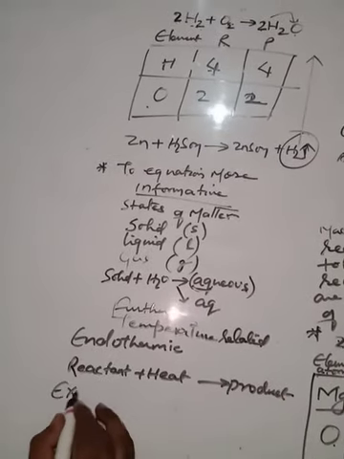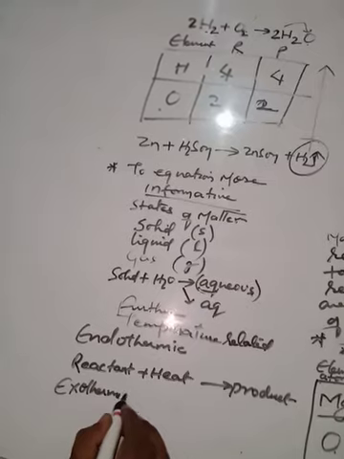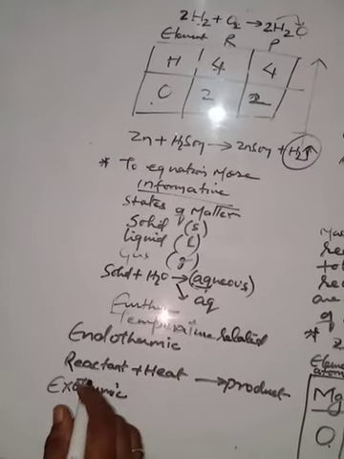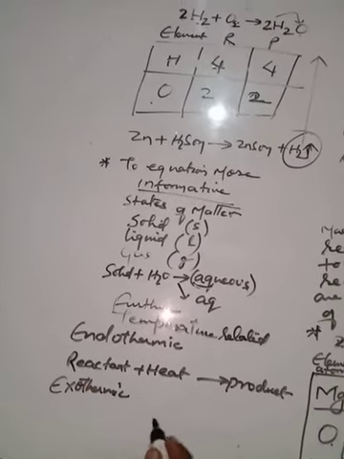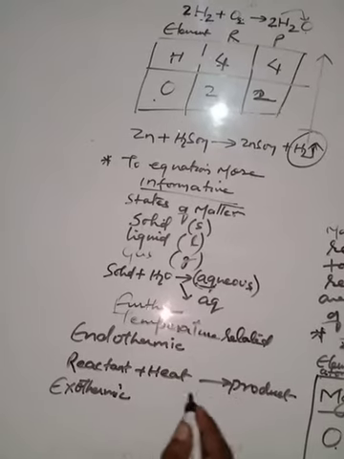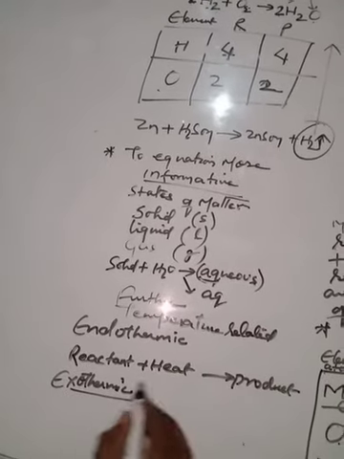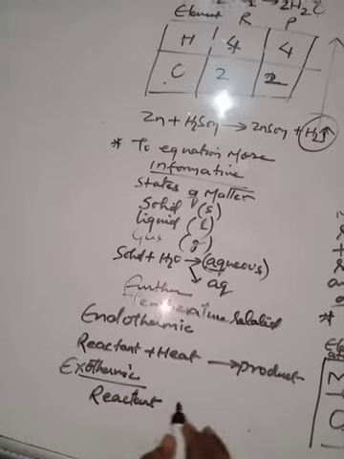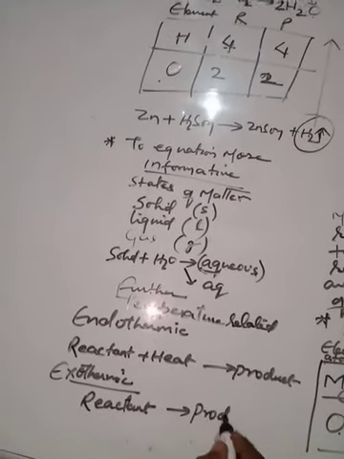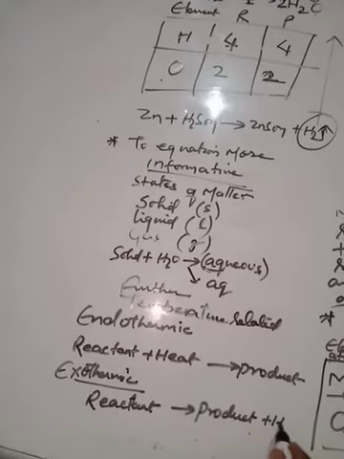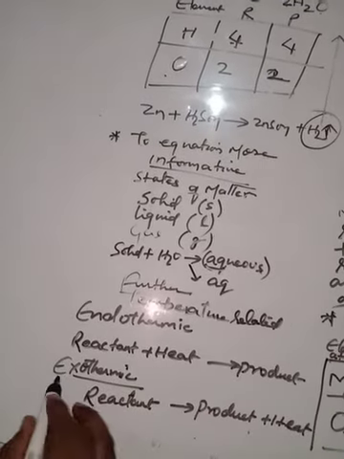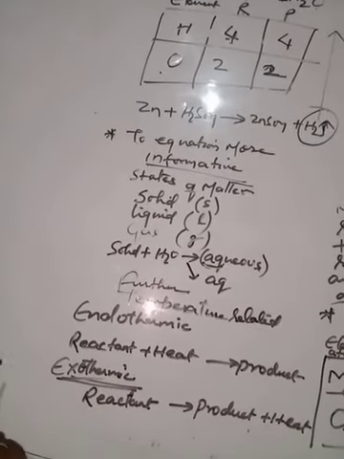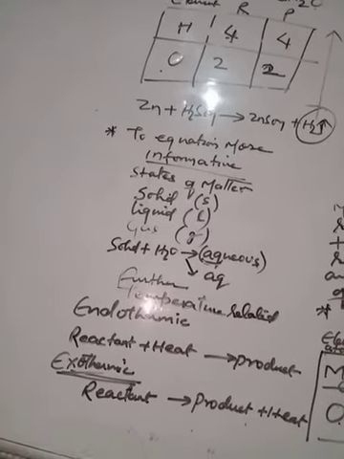And if it is exothermic, it means during the reaction the bonds break to release energy. As a result the surroundings heat up. So how will we write the reaction for it? It can be written reactant to product plus heat on the product side, which gives the information that the reaction is exothermic in nature.